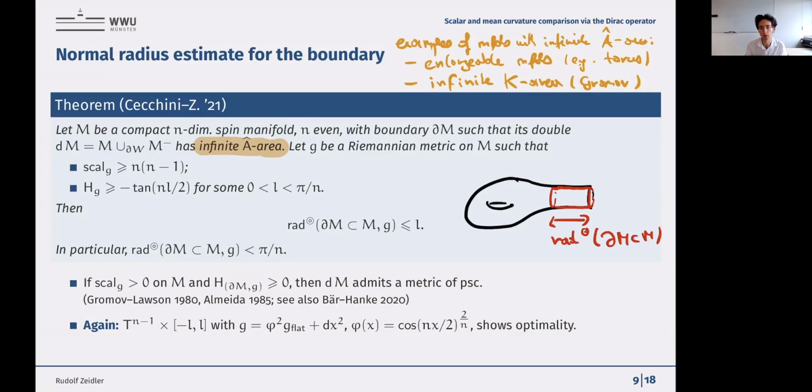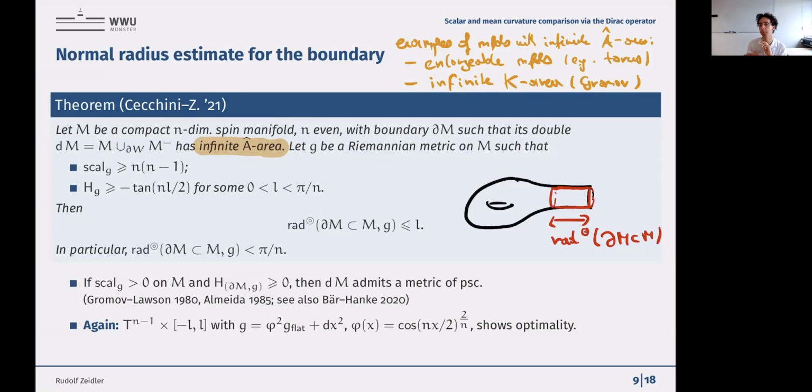All right. And maybe to connect this with a few other results. In particular, of course, this means that the mean curvature cannot be non-negative. So you cannot have a mean convex boundary and positive scalar curvature under these assumptions.